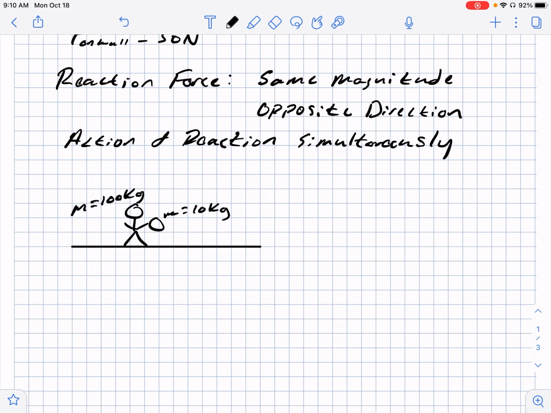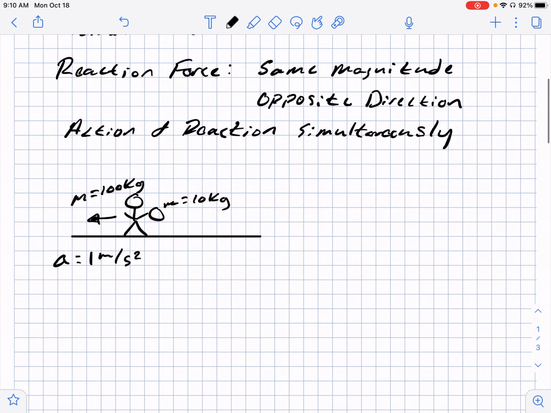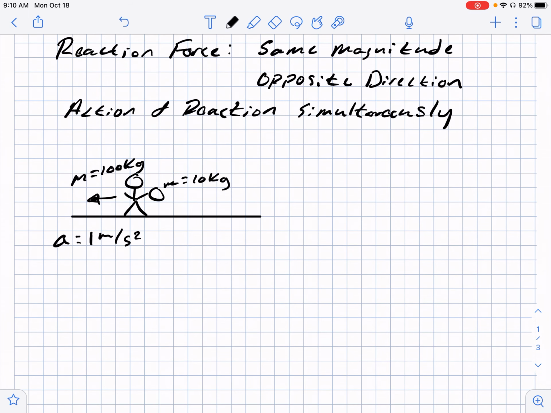And then you throw that heavy medicine ball, and after you throw it, you start to accelerate backwards with an acceleration of 1 meter per second squared. So after you throw the ball, you start sliding backwards with an acceleration of 1 meter per second squared. And let's try to solve for the acceleration of the ball after you throw it.